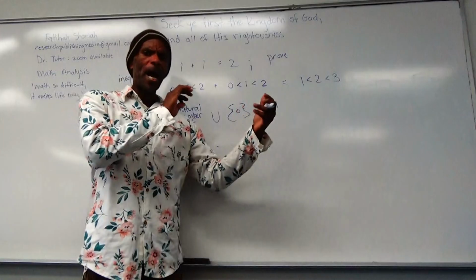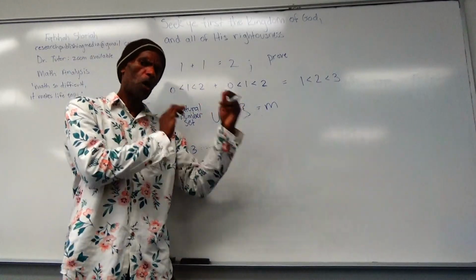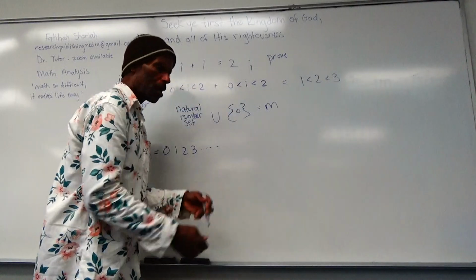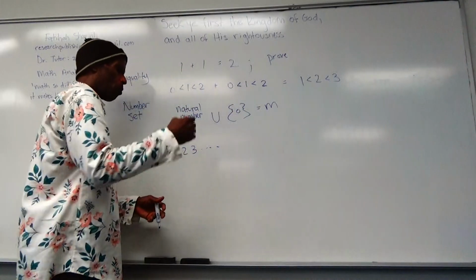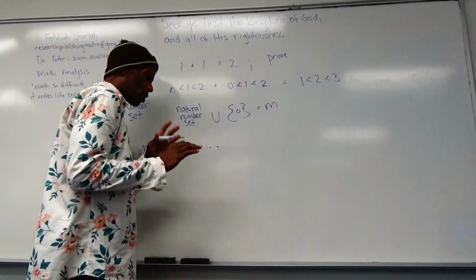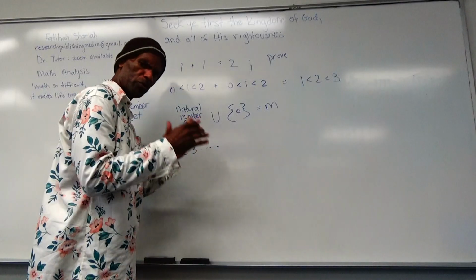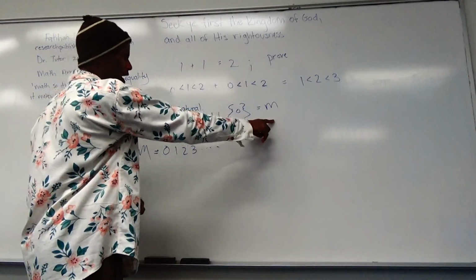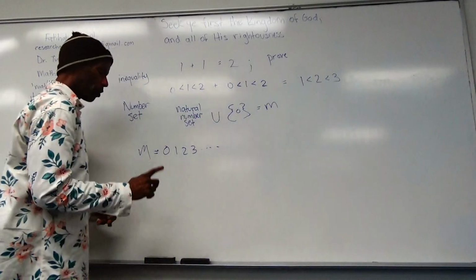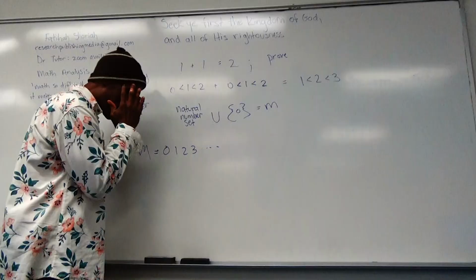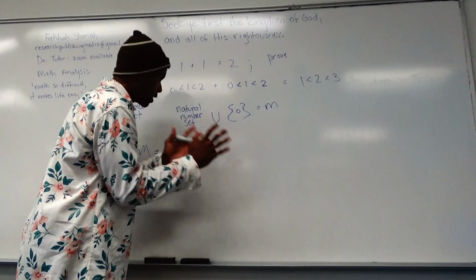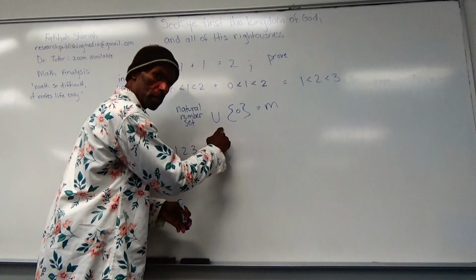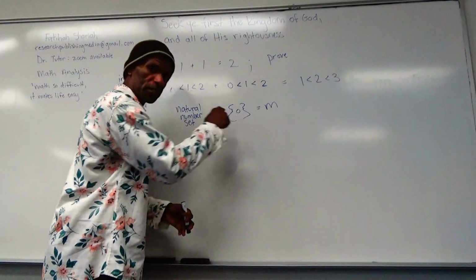Now we can put bounds on it, where the natural number only goes to a certain number, but that's going to introduce more terminology, and I don't want to get it confused. Well, we were trying to keep it simple. Okay, so once we define the set M, we know what M is. Get it in your mind that the set M is the natural number set in union with the set 0.